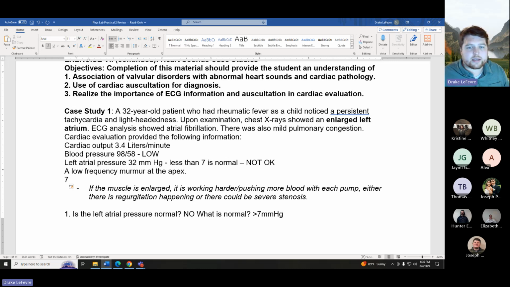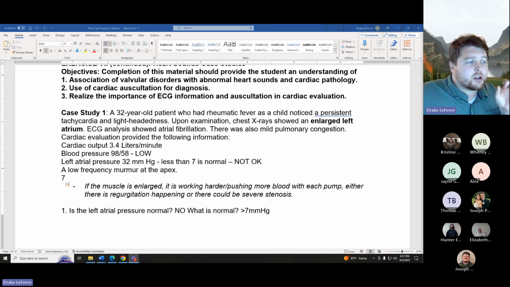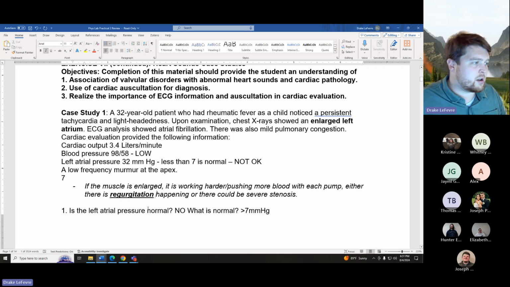Because in both of those cases, if we funnel backwards a whole bunch of blood, suddenly our heart has to pump more blood each time. If it's stenotic and it's super, super thin, then the heart's going to have to push and squeeze harder to get the blood out. Most commonly, when they talk about being enlarged, they talk about regurgitation. It can still be stenosis, but most commonly it's regurgitation.